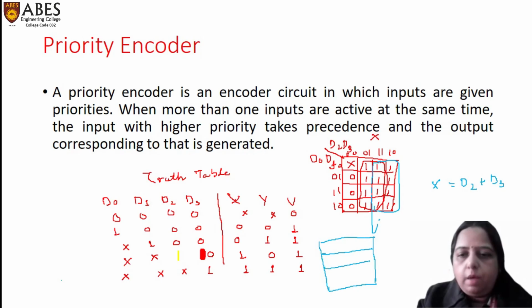Again, a 4-variable K-map, in which the inputs will again be D0, D1, D2, and D3. And the output is don't care for 0, 0, 0, as it was in the previous case.